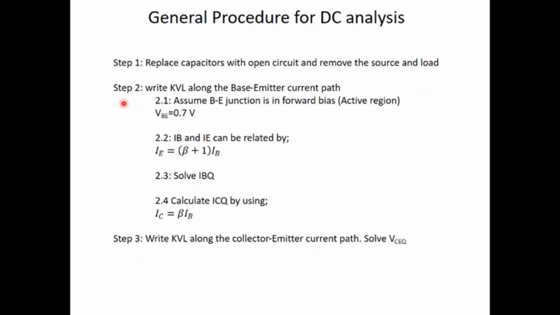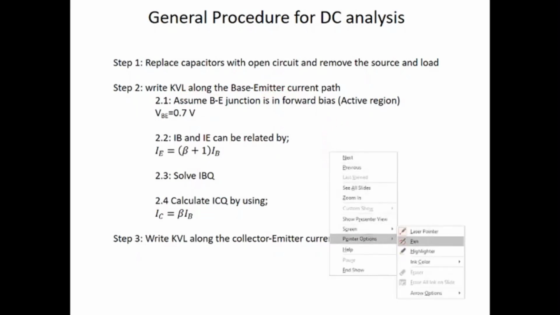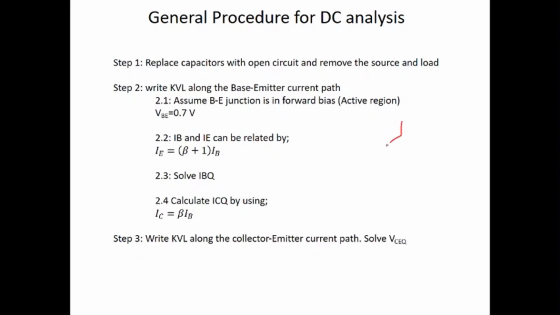Next, the second step is to write the KVL along the base emitter current path. So we have here the NPN. In this course, we will only focus on the NPN BJT.